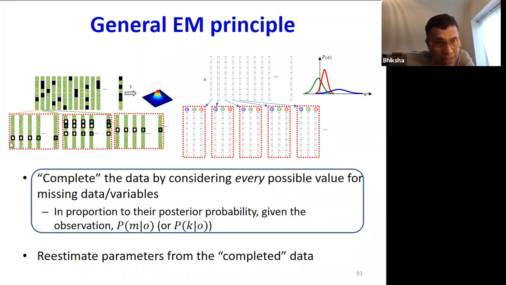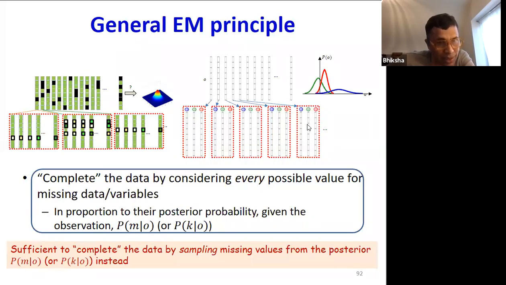We completed the data by filling in the missing components in proportion to their a posteriori probability, and then re-estimated the model parameters using the completed data, because once you have complete data, we know how to estimate these parameters. It's easy, right? So this is the EM algorithm. Start with some initial estimate for the parameters, then use those to complete your data, and then re-estimate your parameters using the completed data, right?